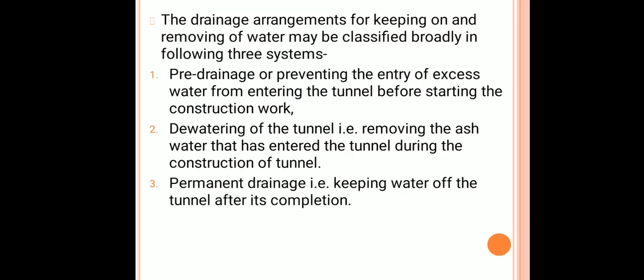The drainage arrangements for keeping out and removing water may be classified broadly into the following three systems. The first system is pre-drainage, or preventing the entry of excess water into the tunnel before starting the construction work. The second is dewatering of the tunnel, that is removing the water that has entered the tunnel during construction. And the third one is permanent drainage, that is keeping water out of the tunnel after its completion.